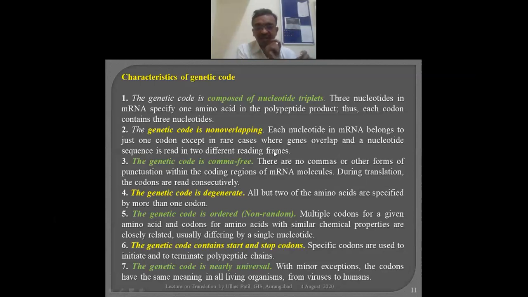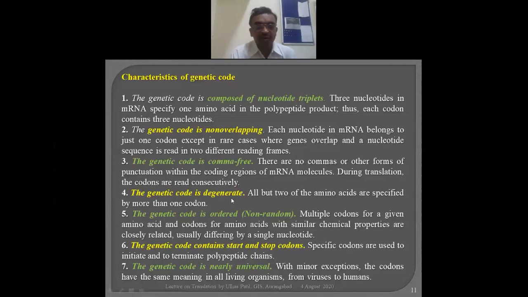For example, if I say that microbiology is important subject, and M is removed, we still read microbiology without the M, and the important subject. But in case of genetic code reading, if M is not there, microbiology is attached to the other word, and in that way the overall sentence is changed. Hence, the genetic code is comma free.